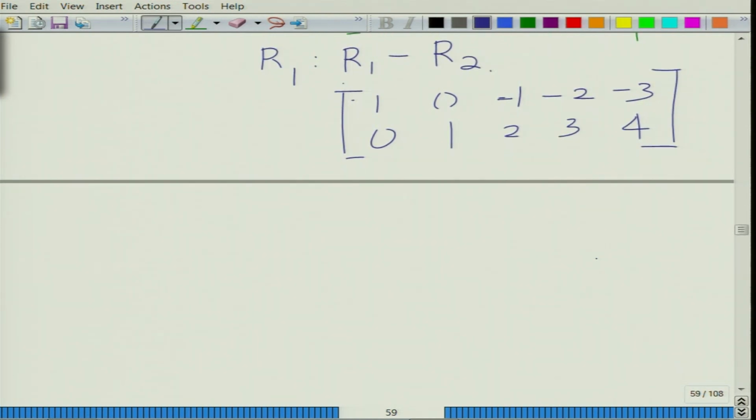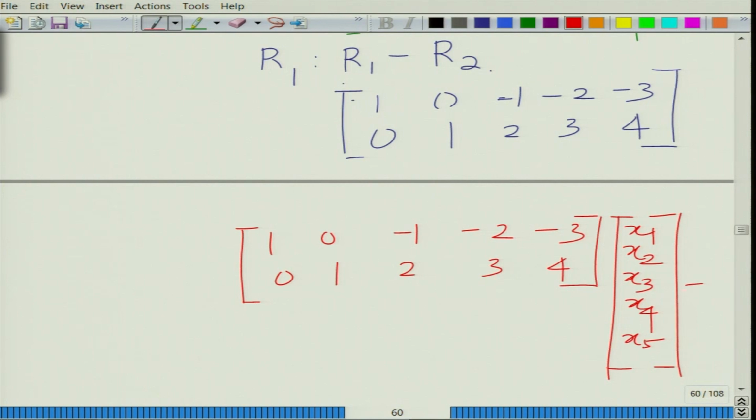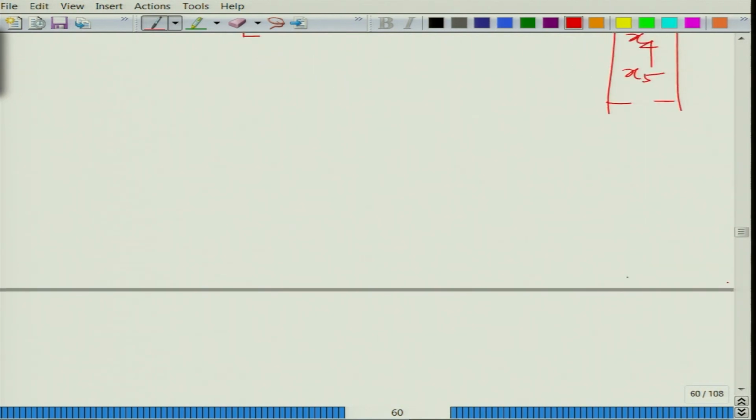Now, let us find the null space of this row reduced matrix. Of course, you can see there are 2 pivots, so the rank is 2. Now, let us determine the null space. We have the matrix 1 0 minus 1 minus 2 minus 3, 0 1 2 3 4, times x1 x2 x3 x4 x5, equal to 0.